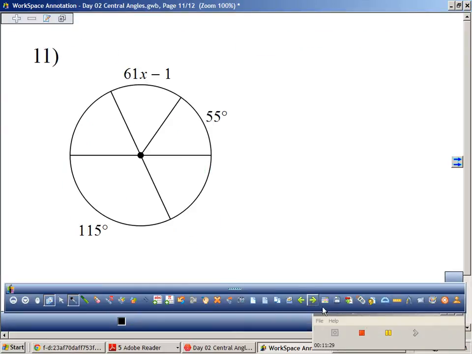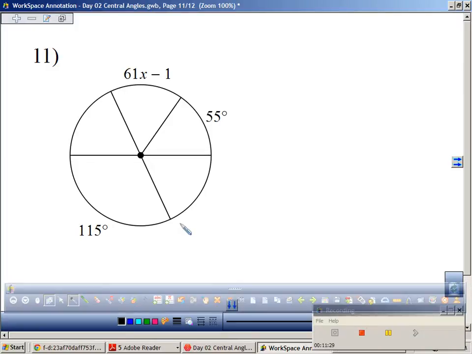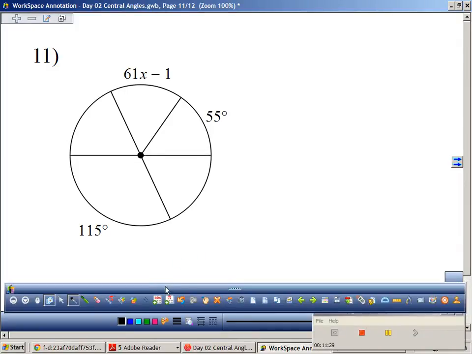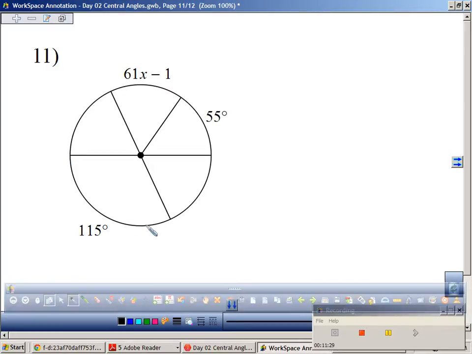Alrighty, let's try another one. Number 11 says solve for x. Assume that lines which appear to be diameters are actually diameters. Okay, so I have a couple diameters here. I have a diameter here. I have a diameter here. It's giving me this arc here.